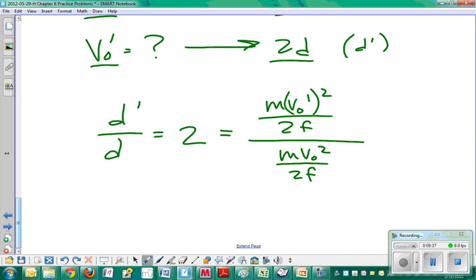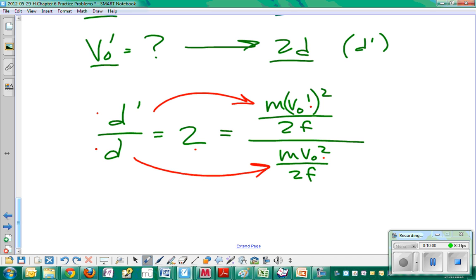You guys understand where that comes from? In general, the distance that we go is going to be equal to m v naught squared over 2f. We want that ratio of our new distance over our old distance to be 2. So how is v naught prime going to compare to v naught?